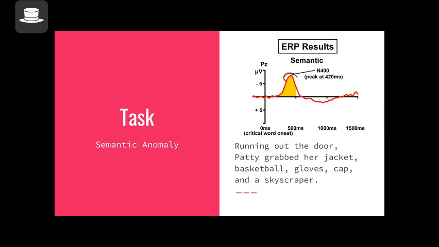N400s are these negative changes in the electrical activities, a sudden change in the electrical activity on the negative side after 400 milliseconds has elapsed. So after 400 milliseconds of reading of skyscraper, typically you see a negative wave. That's why it's called N400, negative, after 400 milliseconds. So semantic anomaly is associated typically with N400.